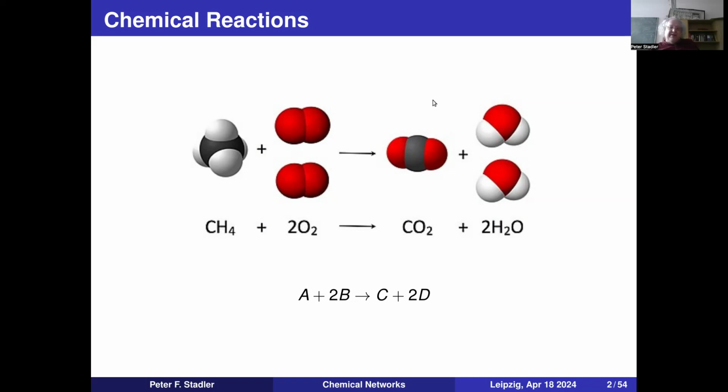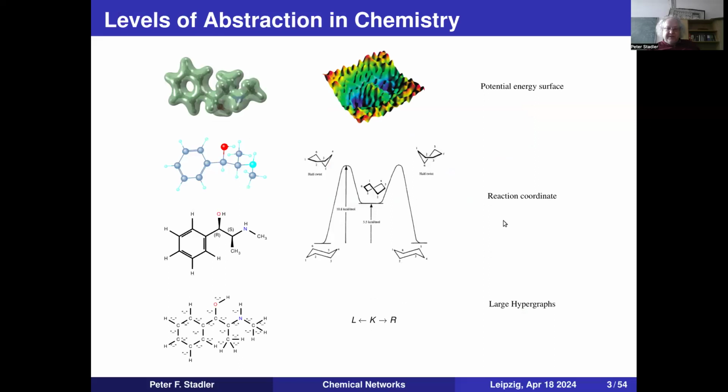And similarly, if we think of actual molecules, does that have any constraints on what kind of reactions are feasible in an abstract sense at this level of, say, compositional formulas?